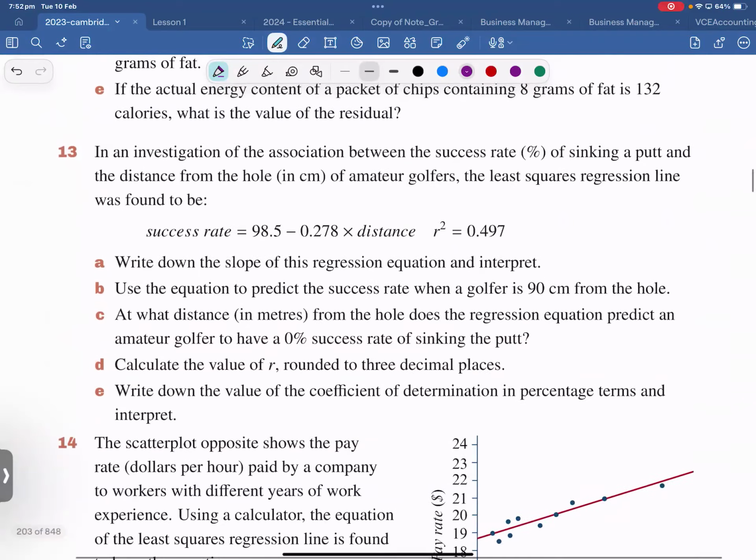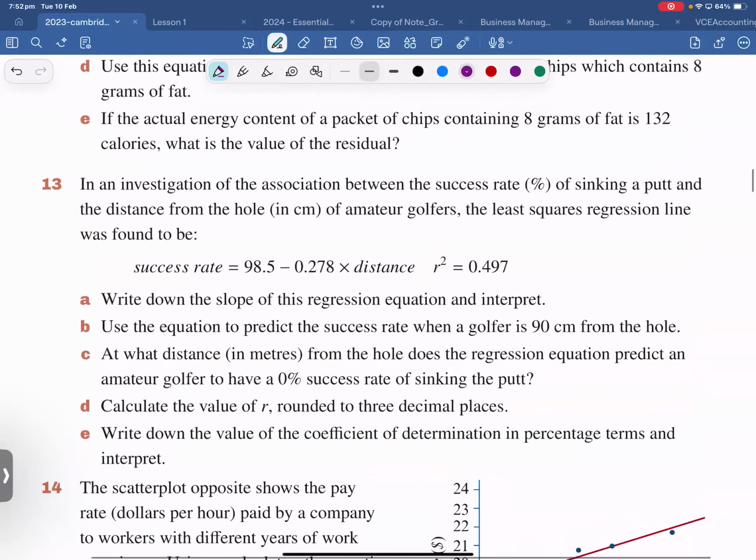Good. You guys can do question number 13. The question asks for the slope of this regression equation and to interpret it.